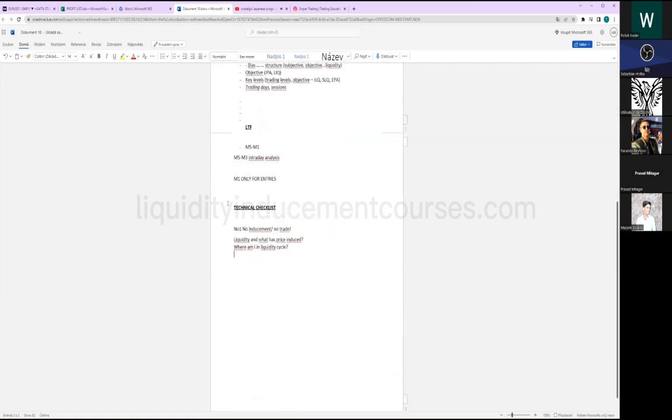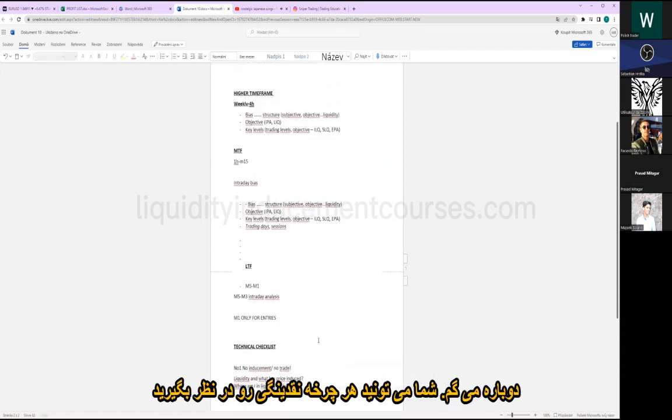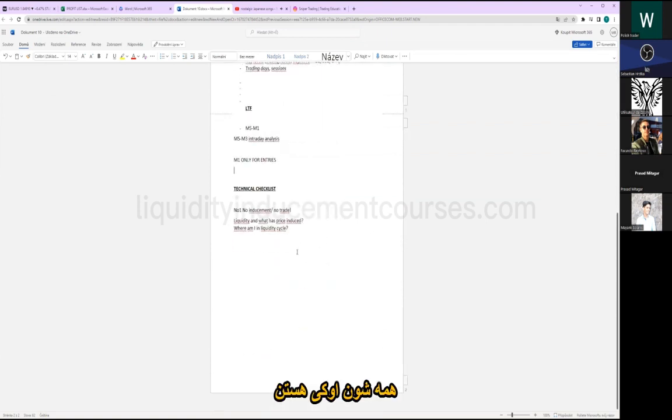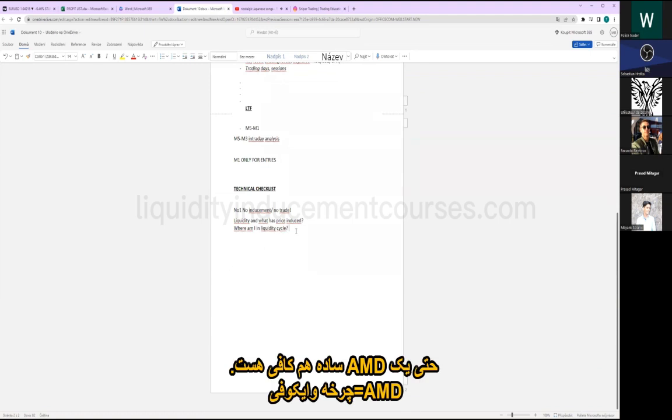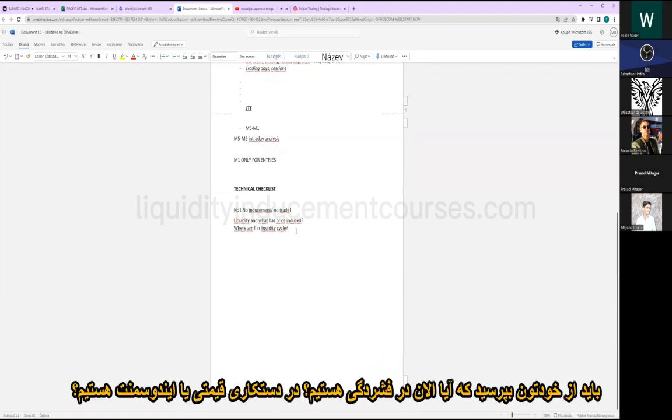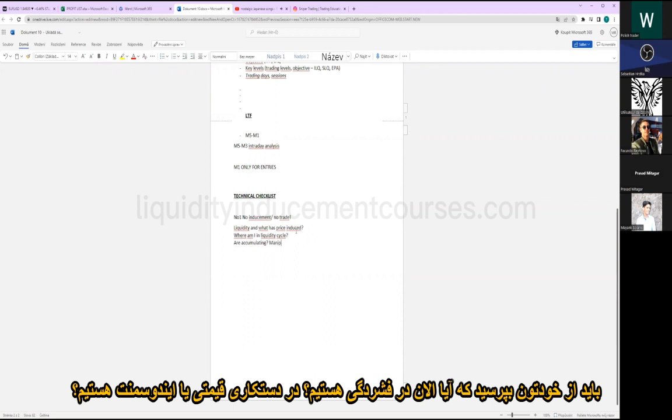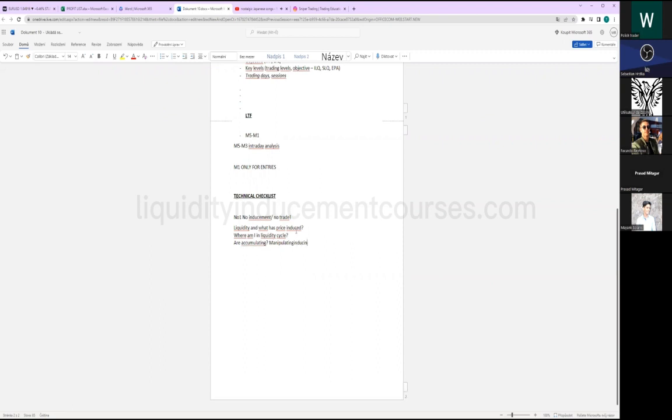So again, you can use any liquidity cycle possible. All of them are okay. But, you know, even a simple AMD is enough. You can ask yourself, are we accumulating, manipulating, or inducing, or are we distributing?